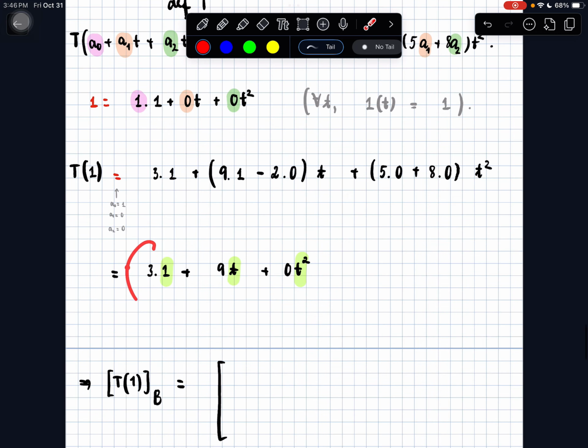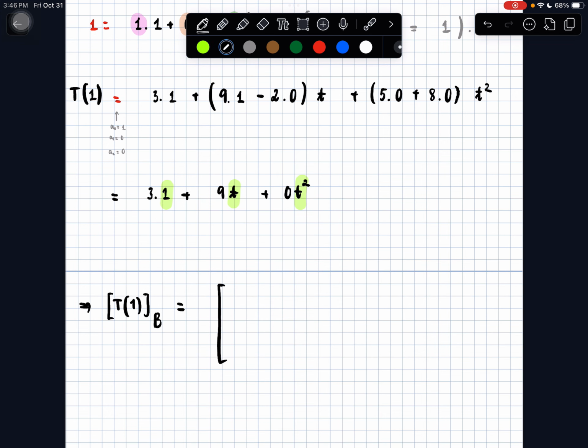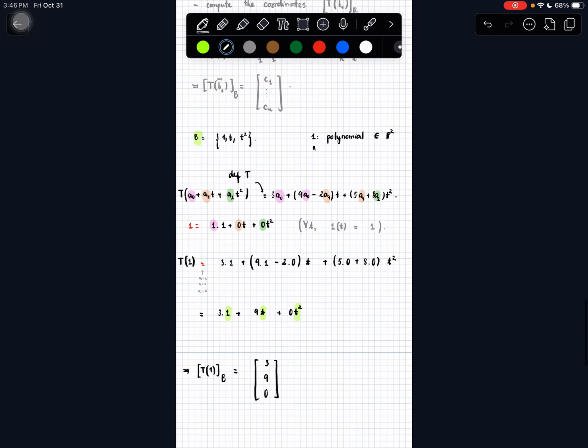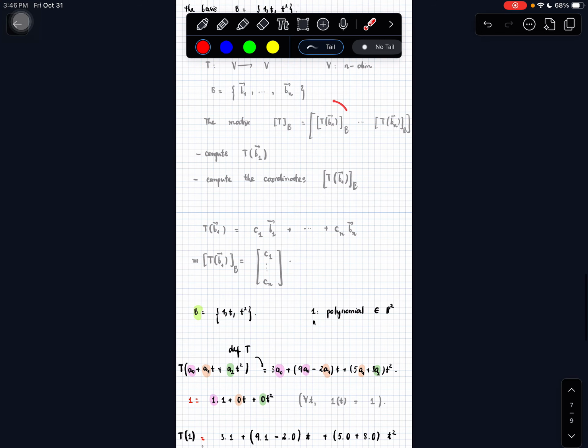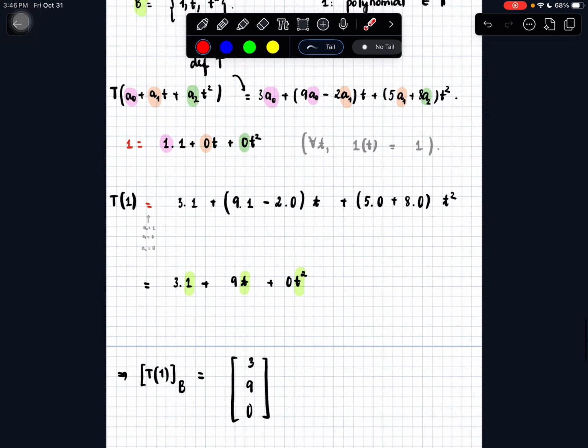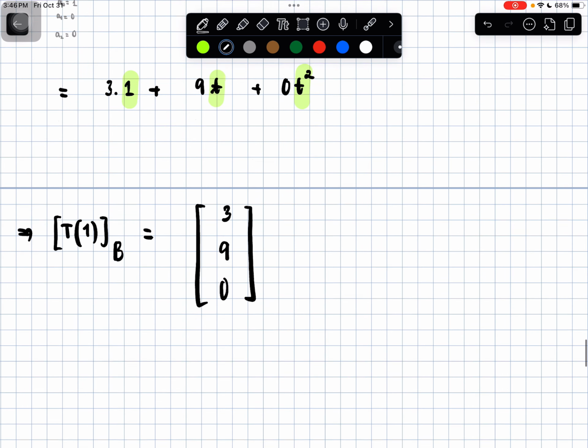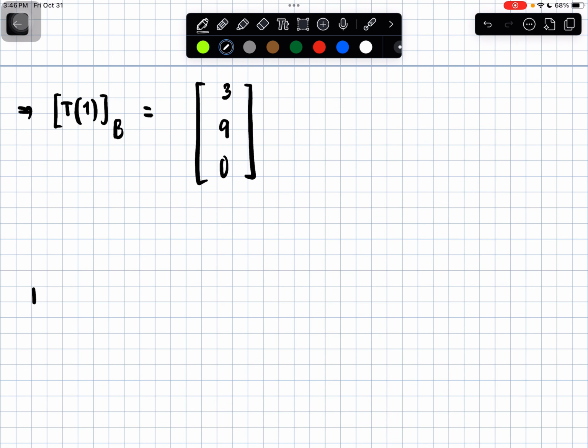In our case, that is 3, 9, 0. So this is the first column of the matrix. You do the same for the last 2 columns. Now T of 1 is done.